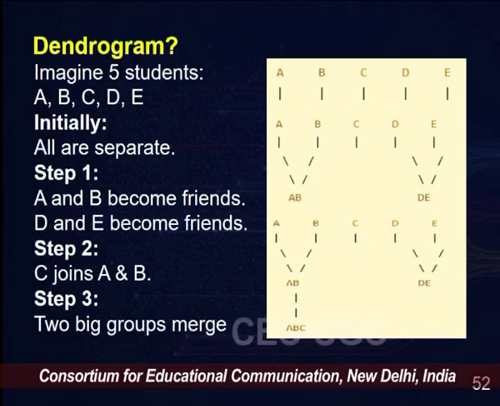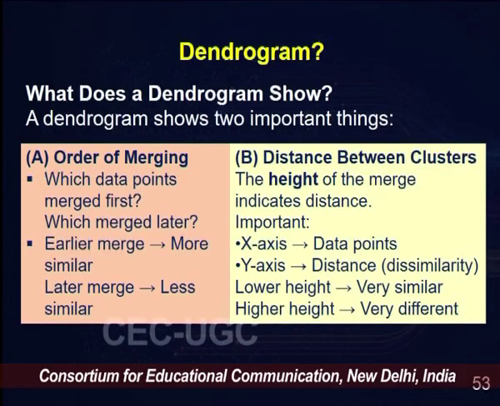Initially all the data points were separate, and now A and B joined together, and in step 3 the two big groups got merged together at the last.